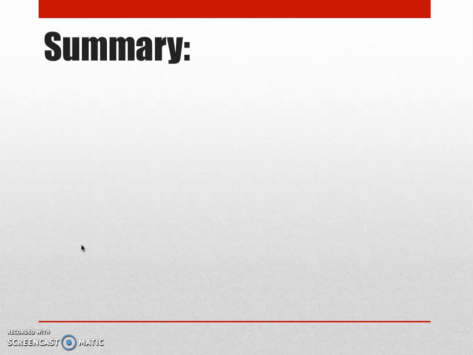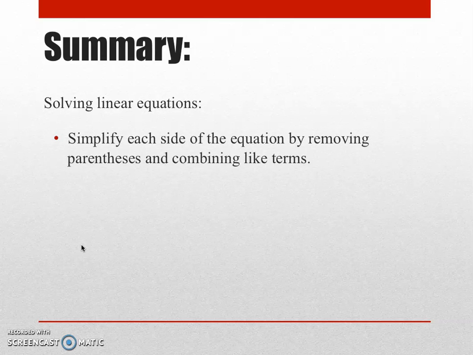So let's just summarize what we said. In order to solve linear equations, the first step we want to take is to simplify each side of the equation by removing any parentheses or combining any like terms if we have them.